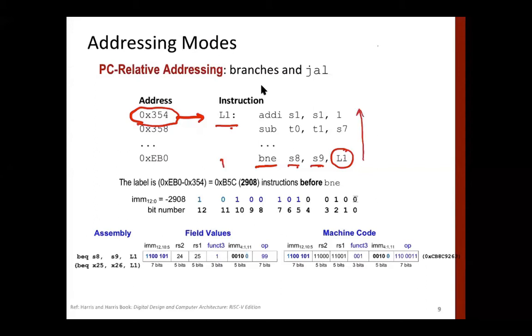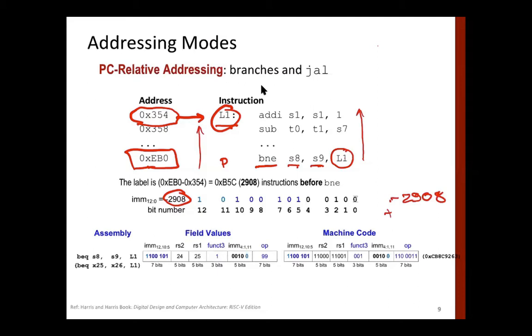PC is at this point, 0xEB0, and we have to come to this label L1. So we'll find out the difference between the two. This should be added to the value of PC, so PC is equal to EB0.